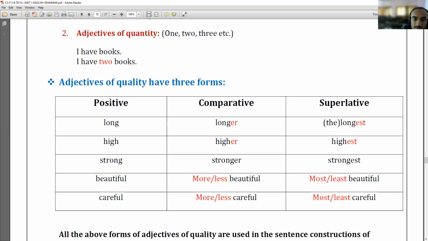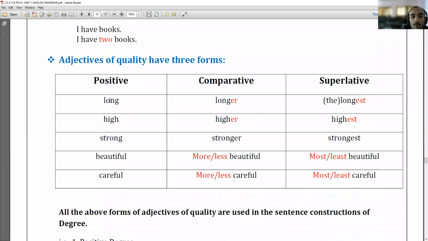Yes. So adjectives of quality have 3 forms and they are positive, comparative and superlative. Let's look at the examples of the positive form. The first example is long. In the positive form we have to use the root form of that adjective.